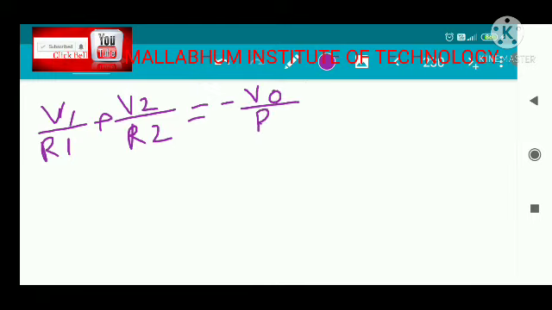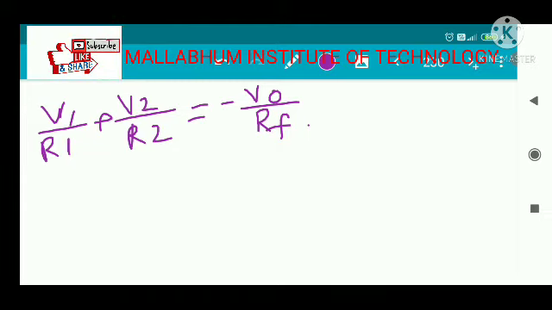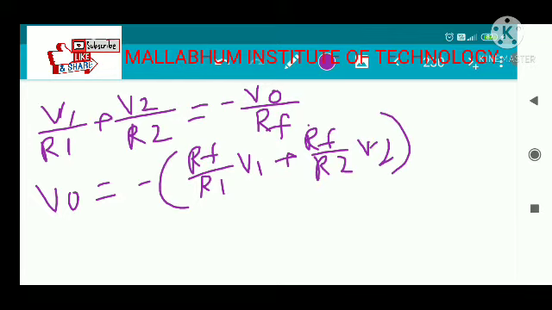This is the equation, and from that equation V0 equal to minus (RF by R1 into V1 plus RF by R2 into V2). So this is the expression for the summing amplifier.